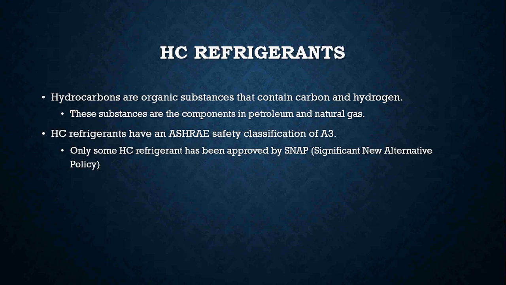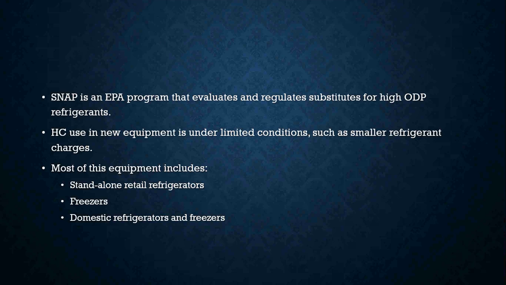Your HC refrigerants are hydrocarbons, or organic substances that contain carbon and hydrogen. These substances are the components in petroleum and natural gas. Your HC refrigerants have an ASHRAE safety classification of A3, and only some HC refrigerants have been approved by SNAP. SNAP stands for Significant New Alternative Policy.